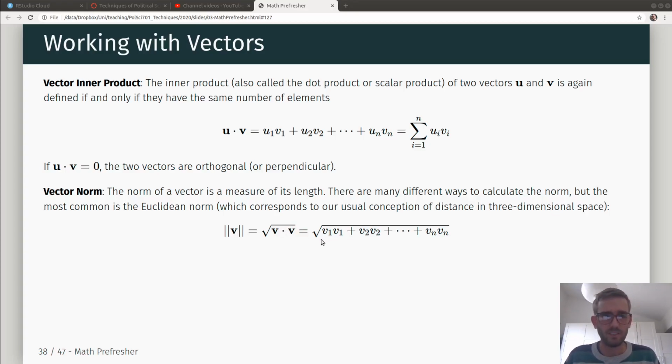So ultimately, the square root of v1 times v1 plus v2 times v2, and so on.